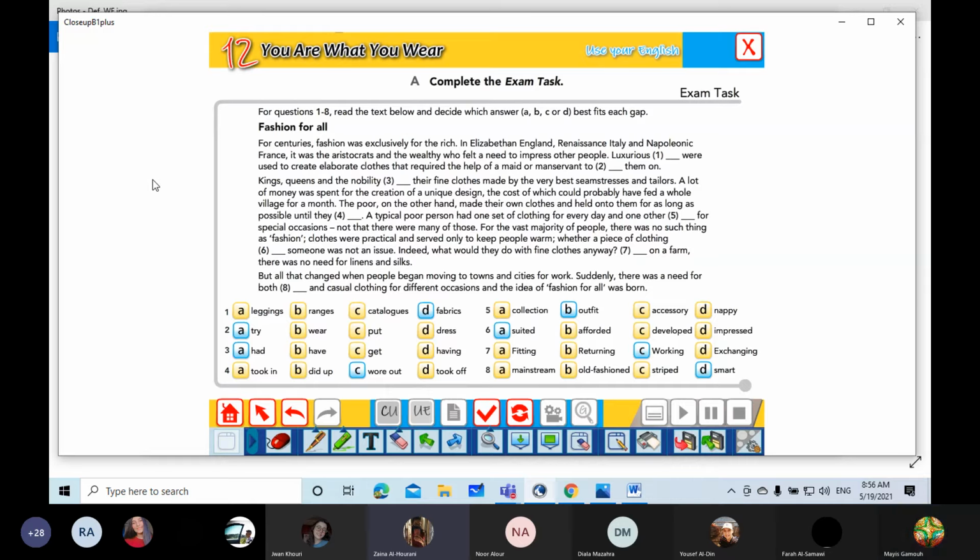The poor, on the other hand, made their own clothes and held on to them for as long as possible until they wore out. A typical poor person had one set of clothing for every day and one other outfit for special occasions. Not that there were many of those.